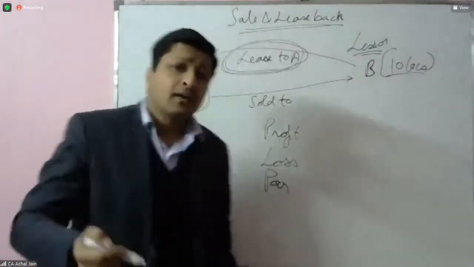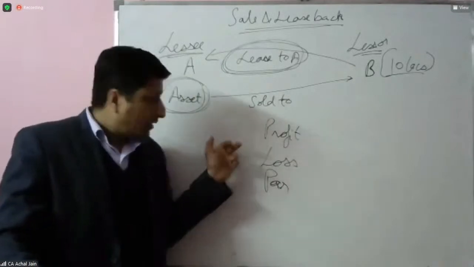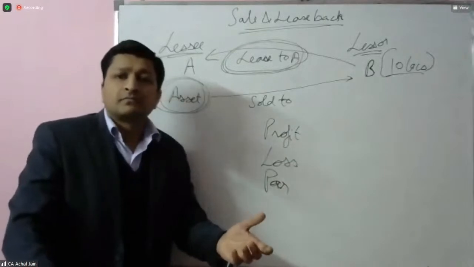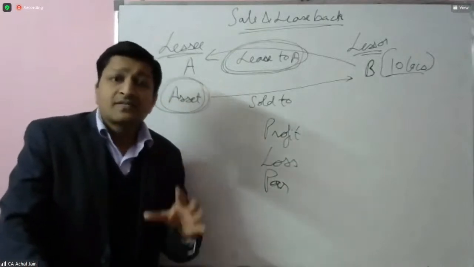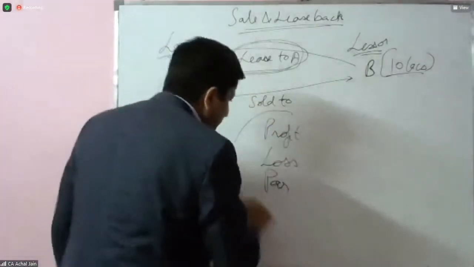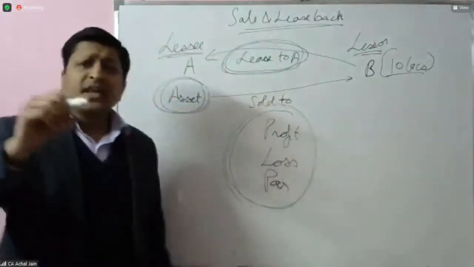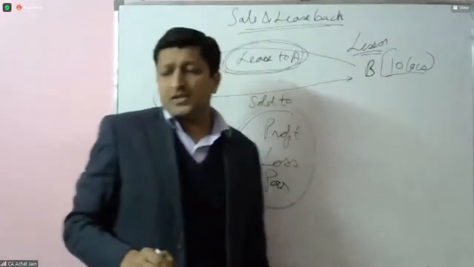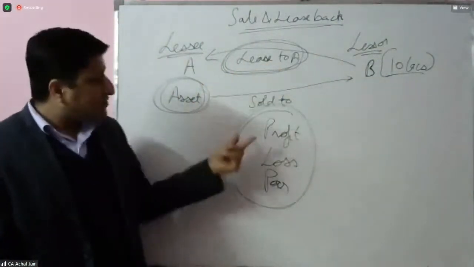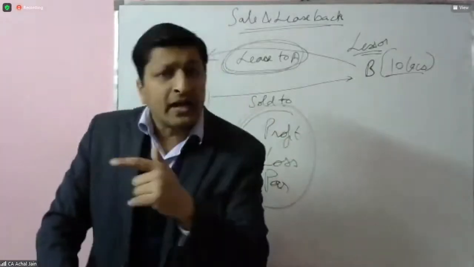Depending on the situation that we have, whether it's sold at profit, loss, or par, the standard gives us guidance. These will not be recorded the way you would record them in any other transaction. Because the sale is linked with the leaseback, the treatment of this profit, loss, or par will be driven by this standard.